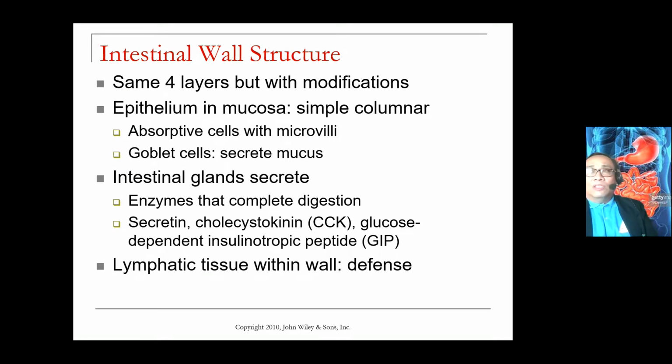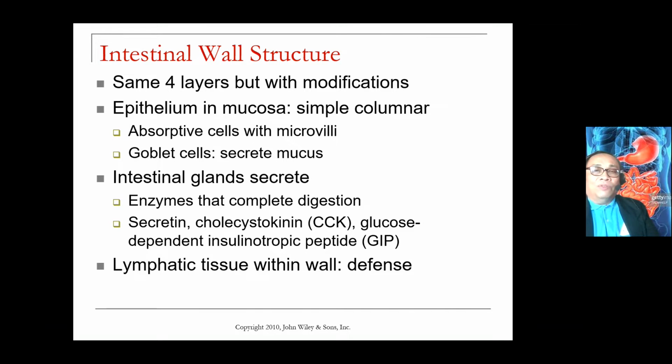So the wall of the small intestine has the same four layers but with certain modifications. Although simple columnar in both the stomach and small intestine, there is the addition of the microvilli. So the villi are the folds.